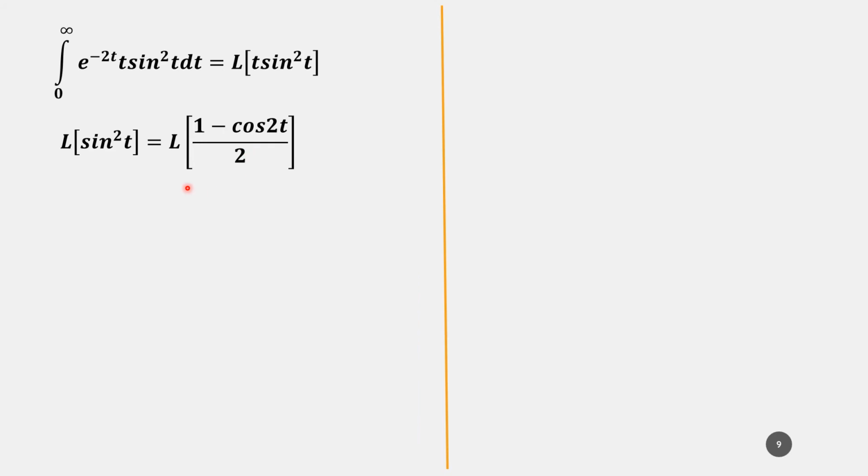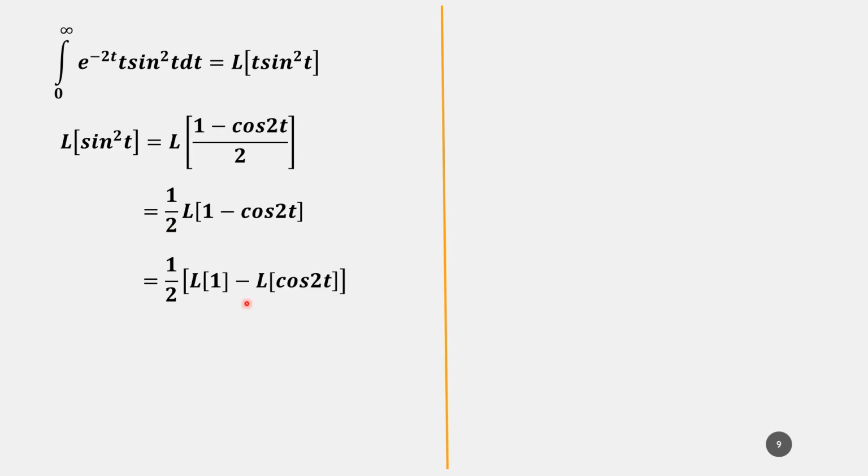Take half common. So we can write L of (1 minus cos 2t). Now we have a minus sign in between the two functions, so we can take L inside the bracket, to both the functions.